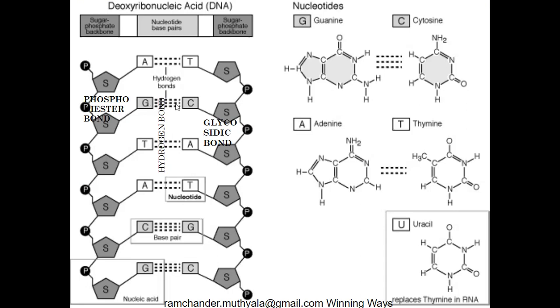In total, in every nucleic acid nucleotide, mainly three types of chemical bonds are present: phosphodiester bonds, glycosidic bonds, and hydrogen bonds. These are the chemical bonds present in the nucleotide.